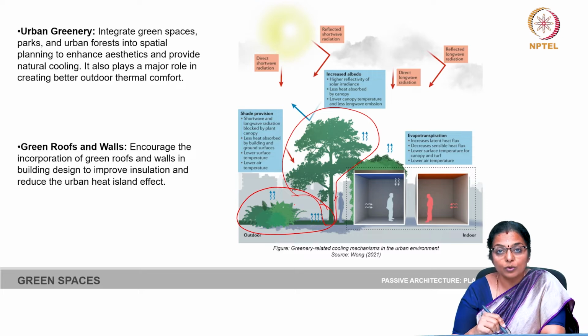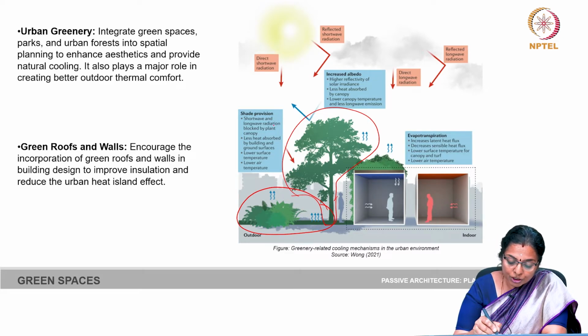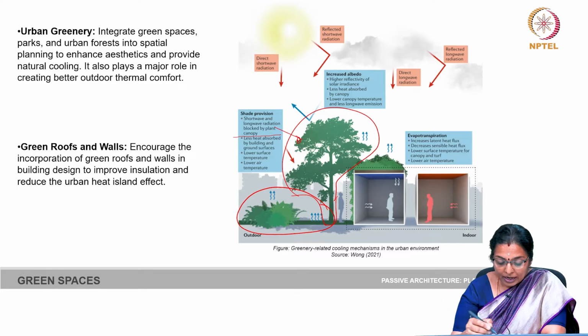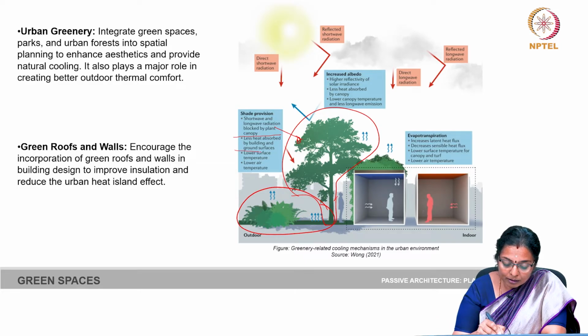So, your outdoors are green, because of which short wave and long wave radiation get blocked by the plant canopy, and less heat is absorbed by building and ground surfaces, because this greenery on the wall is insulating the house.